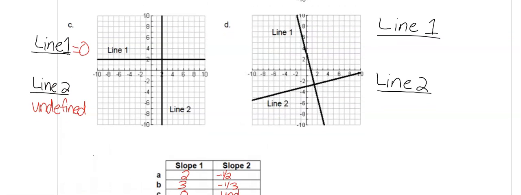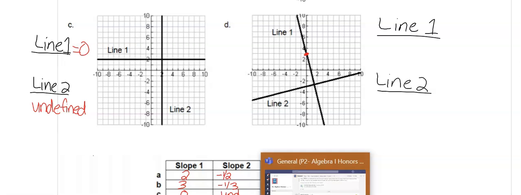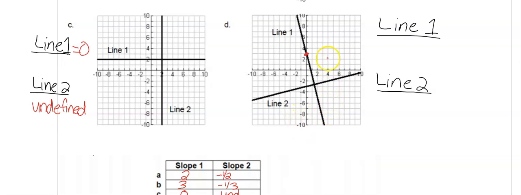And lastly, let's look at graph D. Line 1, I'll find 2 perfect spots. There's one at the y-intercept, and there is also one at -1, 7. If we look at our rise, it's going down, so we'll have a negative rise of 1, 2, 3, 4. And our run is 1. So our slope for line 1 is just -4.